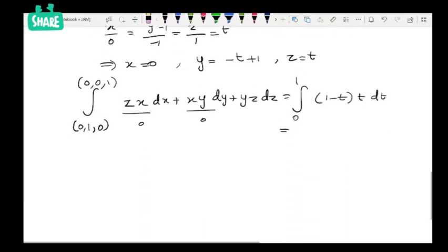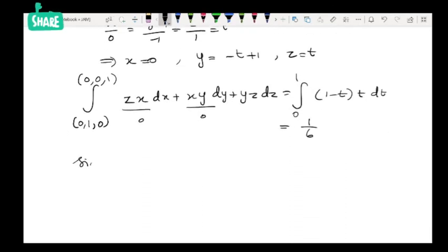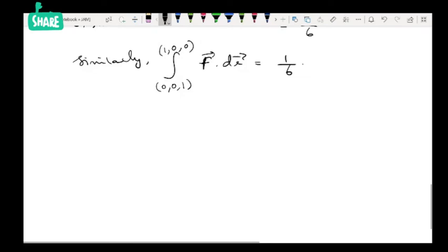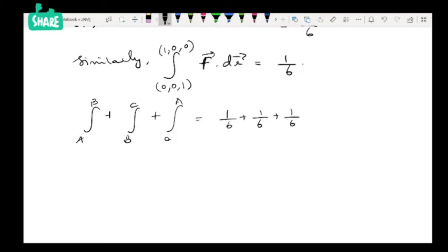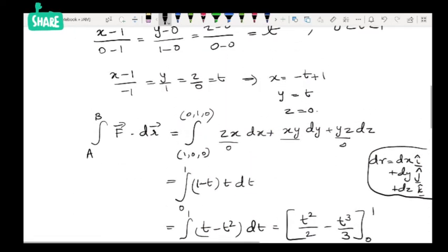And similarly you can try the third one from C to A, and that will also be 1 by 6. So on the whole, the integral f dr is the sum of all these three. So the sum is 3 by 6, which is 1 by 2. So the answer is option C, 1 by 2.